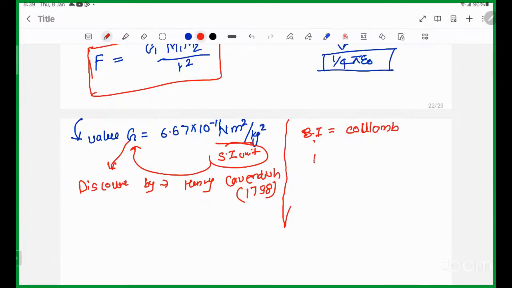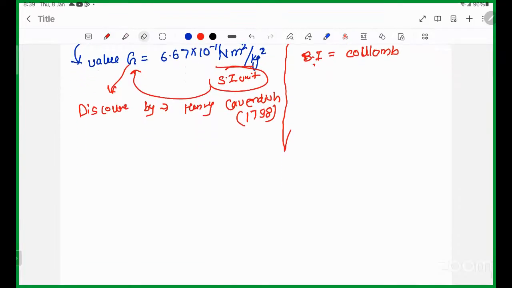And the common thing between both is that both are non-contact forces, and they are conservative forces.